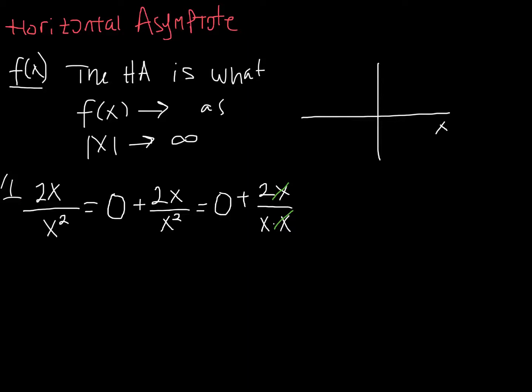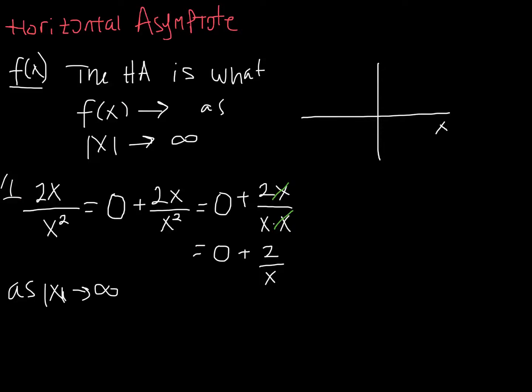Okay, so if I really wanted to simplify this all the way out, I have 0 plus 2 over x. And now this can be a little easier for us to think about. What happens to this function as x approaches positive or negative infinity?